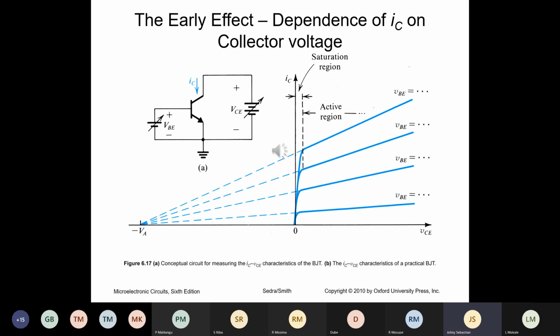Now we are seeing the same thing with a bit more detail. The standard name for this kind of graph is output characteristics of a BJT. That is VCE versus IC.